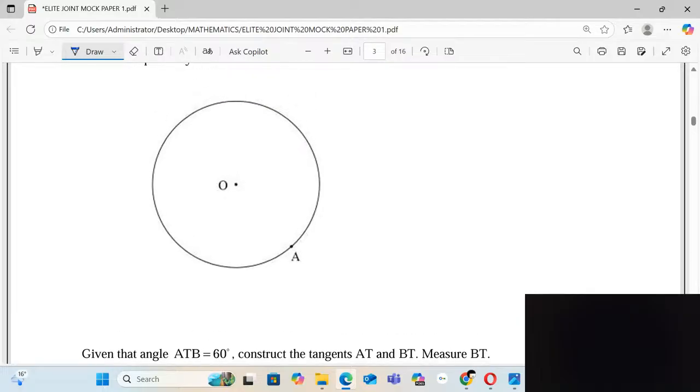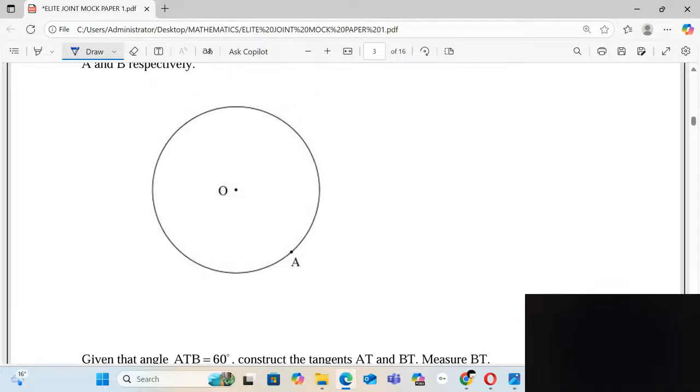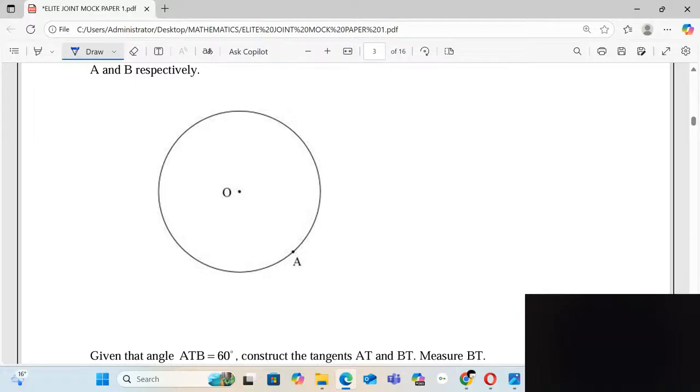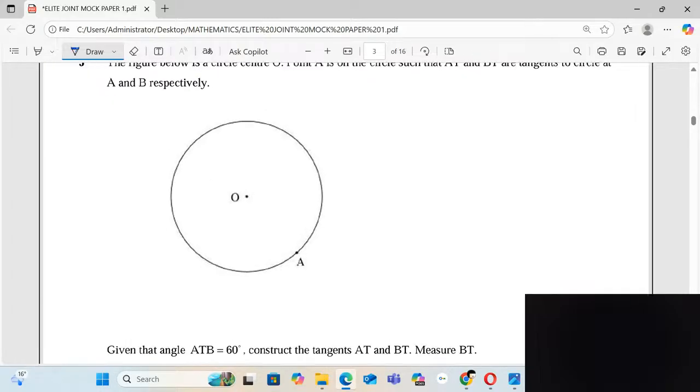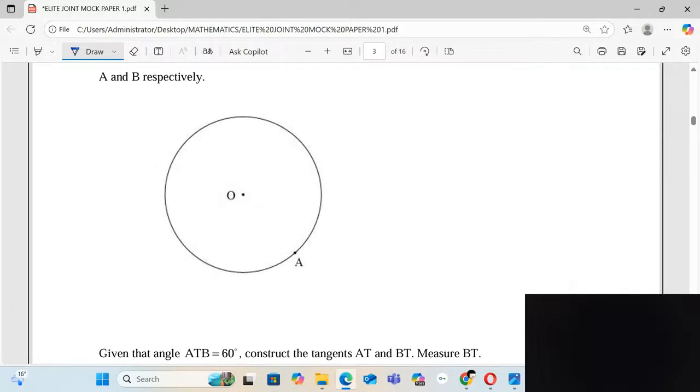So I'm going to illustrate how to construct that one. I will sketch on this one because it may be very difficult to construct on this screen. So you bear with me.